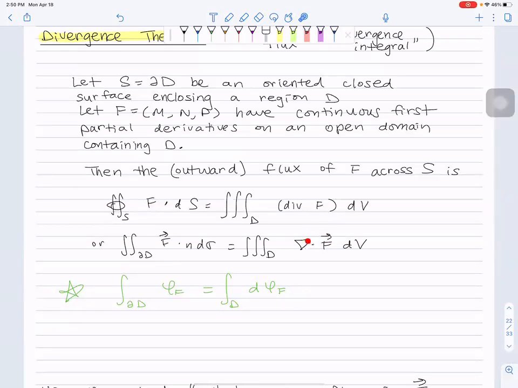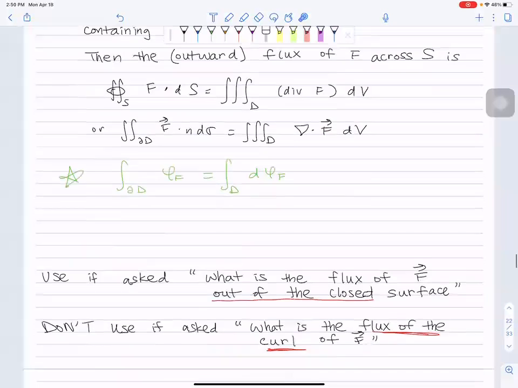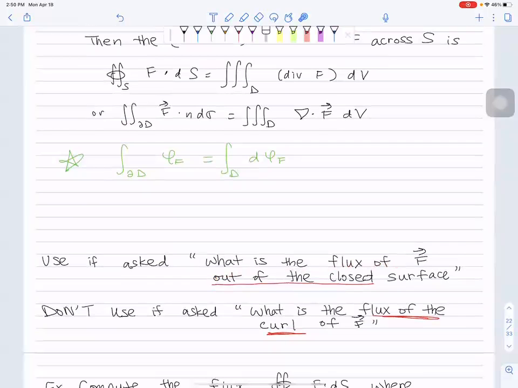And when do you want to use the divergence theorem? If it asks you what is the flux of F out of the closed surface, then you want to use the divergence theorem. But if it asks what is the flux of the curl, don't use the divergence theorem. That's not a divergence theorem question.